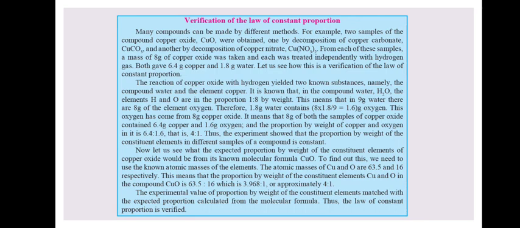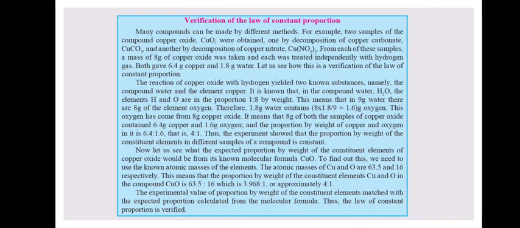So both gave 6.4 gram of copper and 1.8 gram of water. Correct? So then he verified the law again, that the proportion is remaining constant. So how is it remaining constant? Followed? So the reaction of copper oxide with hydrogen yielded 2 known substances, namely water and element copper.